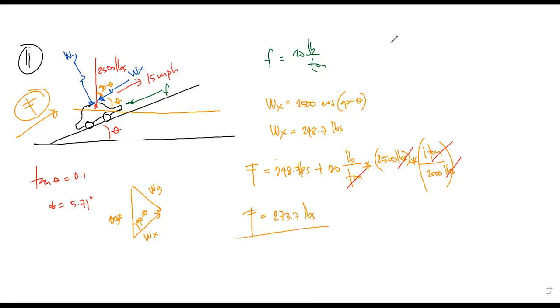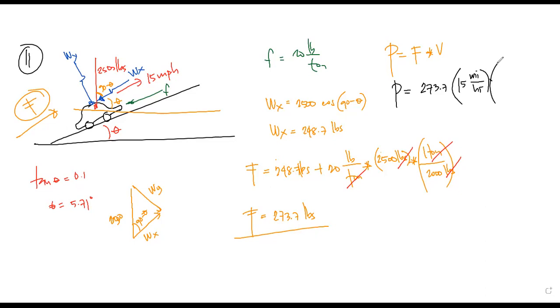Okay, so power then is equal to force multiplied by velocity. So we can have P, so that's 273.7 pounds multiplied by the velocity. Okay, so there's a lot of conversion of units. No? So velocity is 15 miles per hour.